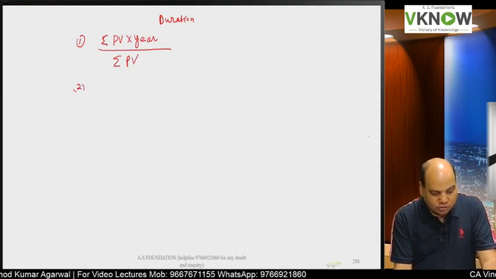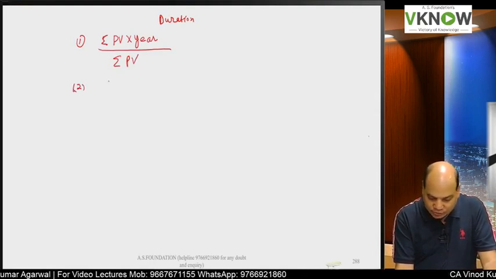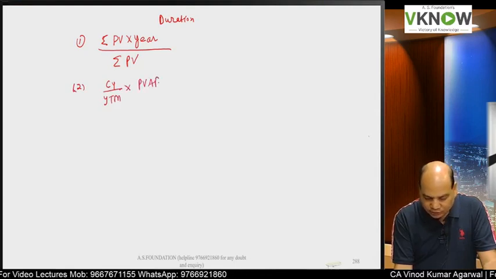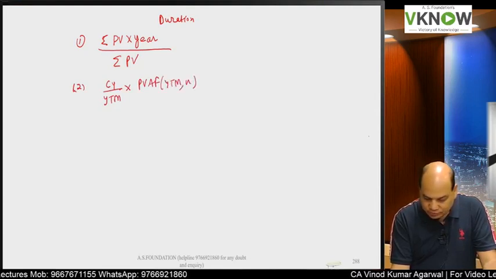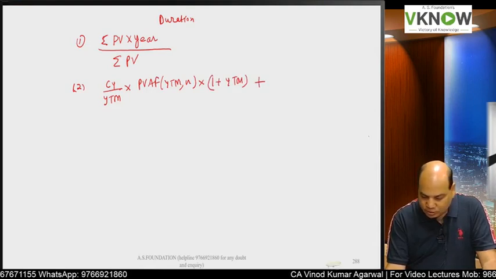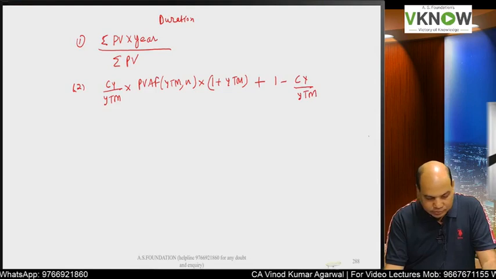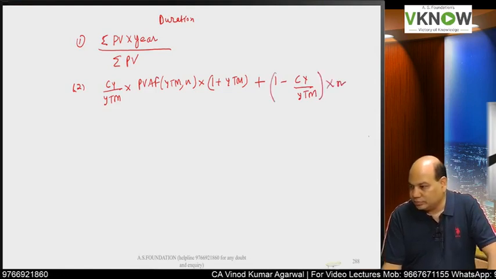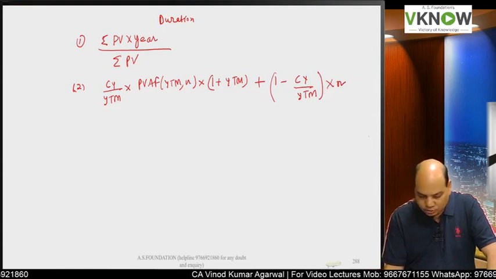The second formula is current yield upon YTM into the PV annuity factor for the YTM and number of years into 1 plus YTM, plus 1 minus current yield upon YTM into N. Either of these two formulae you can use.